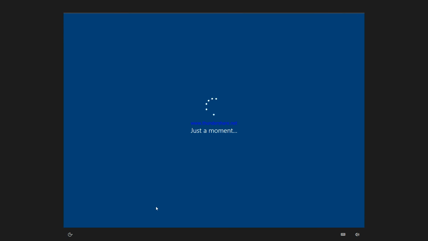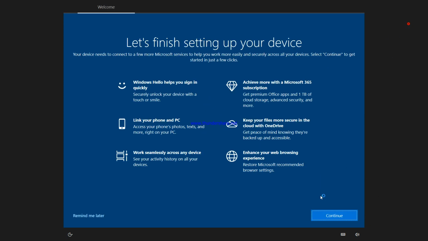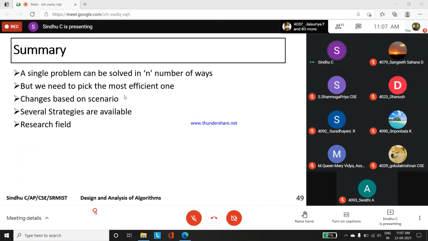So in this given little amount of time, what I've tried to do is bring out what is the need of this design and analysis of algorithms, then how do we do it, and what are the other various strategies available for solving these kinds of problems.